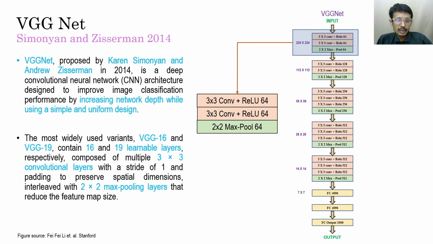Our next very popular convolutional neural network is called VGG net. VGG net is basically a particular neural network which has an increased network depth and a simple and uniform design.